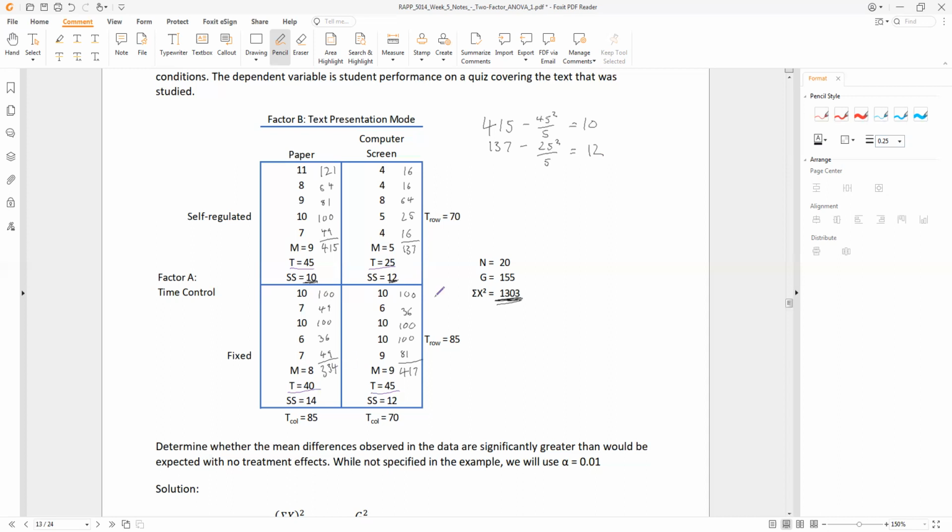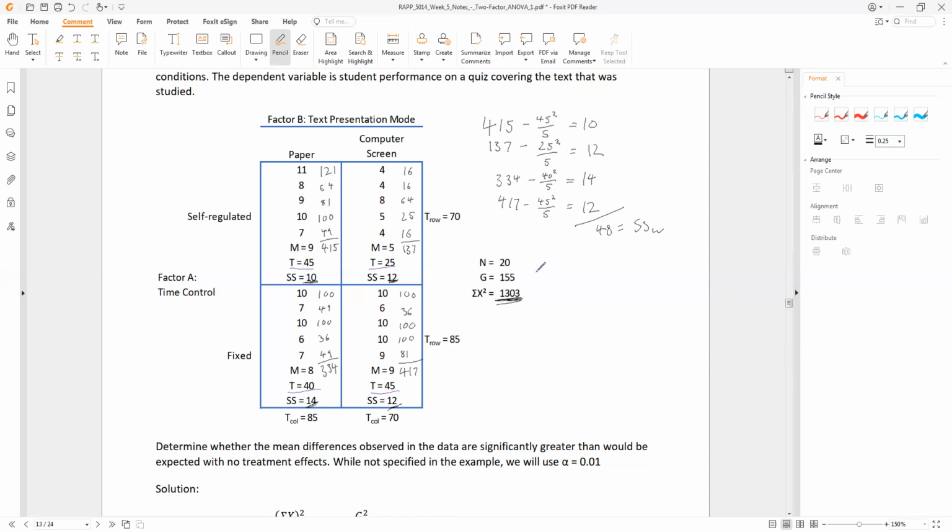And then here we're going to do the 334 minus the 40 squared over 5, and that's going to be 14. And then we're going to do the 417 minus 45 squared over 5, and that's going to be 12. So we get these SS's for each group. And if we add those together, 10 plus 12 plus 14 plus 12, we get 48. And that's the SS within.